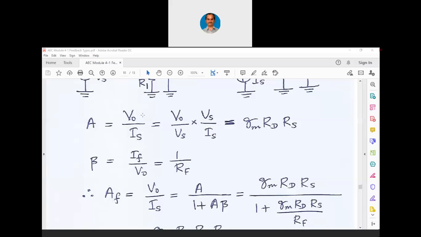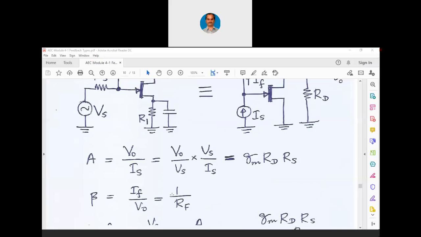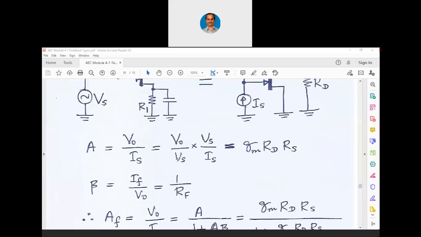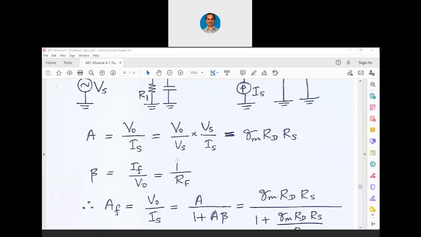Now you may get confused here. I have written A also as V0 by Is and AF also as V0 by Is. In fact, we are giving a feedback through Rf, through the resistance. Now you can say how the equation for open loop gain as well as closed loop gain can be same. That may be your question.